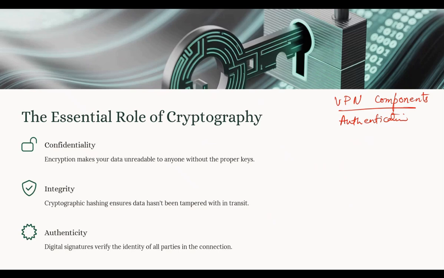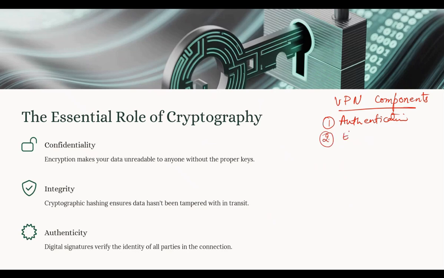In site-to-site VPN, we have authentication through digital certificates and pre-shared keys. In remote access VPN, usernames, passwords, digital certificates, and dual or multi-factor authentication are used for authentication. So this is the first component, authentication of VPN peers. Authentication can be of two types: device authentication or user authentication.